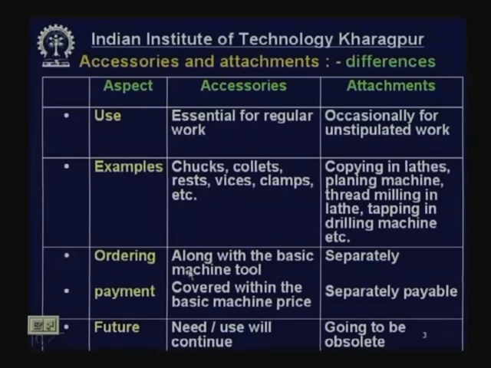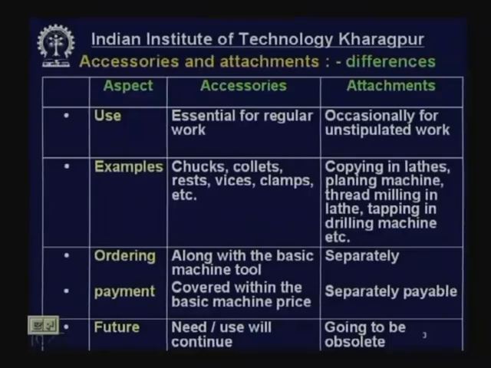Ordering. Accessories are ordered along with the basic machine tools. When you purchase the lathe, you always enlist the accessories, say 4-jaw chuck, 3-jaw chuck, steady rest, follower rest. All these things should be enlisted along with the machine tool, but the attachment need not be associated with the machine tool.